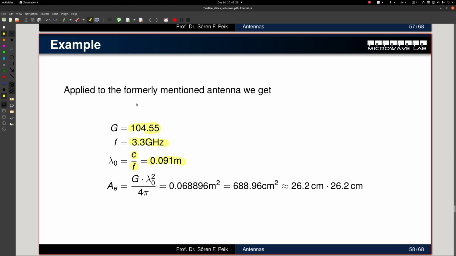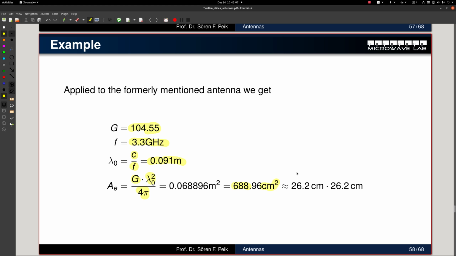Then plugging it into our formula up here, the gain times lambda naught squared divided by 4 pi, we get an area of 688 square centimeters, which is basically like a box of the size 26 by 26 centimeters, roughly the size of an A4 paper. That's the collecting area of that antenna.